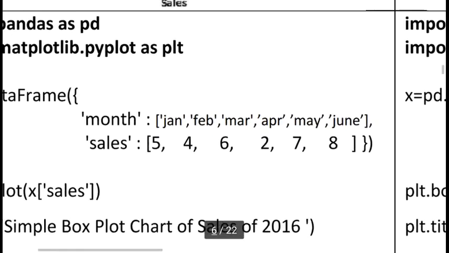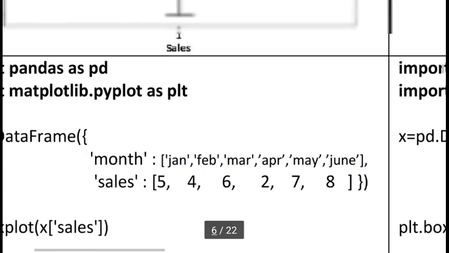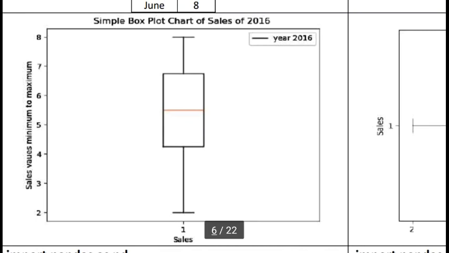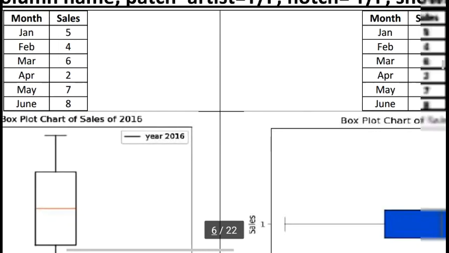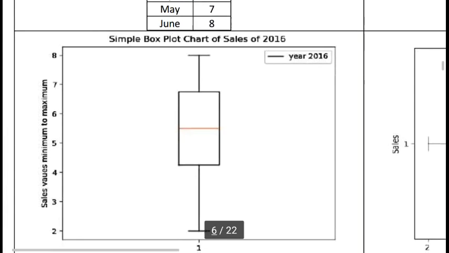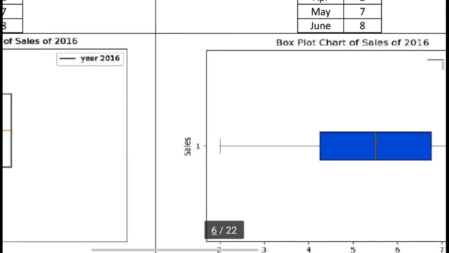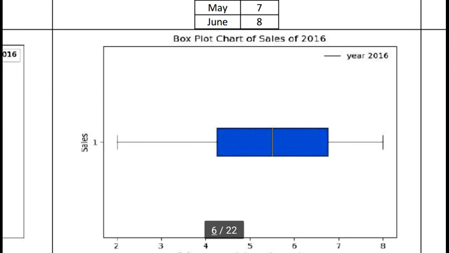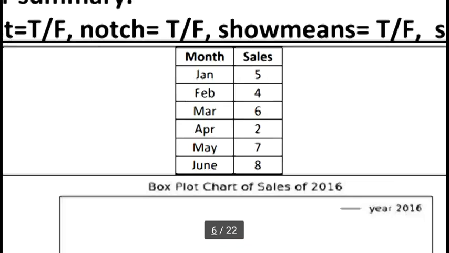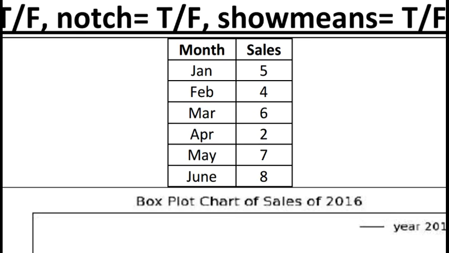So this is our numerical set of data, and we can summarize the data in the form of minimum, average and maximum. Now this is a vertical form, but if I want to convert it to horizontal form, it is also possible. We can also use different colors inside the box. So I am taking the same example again in the second box plot program.